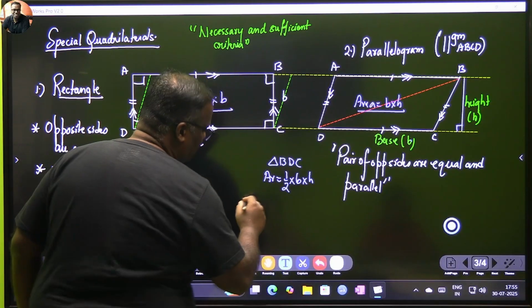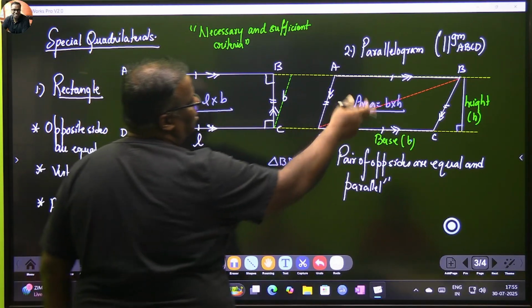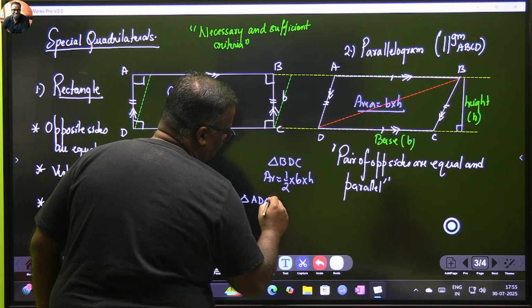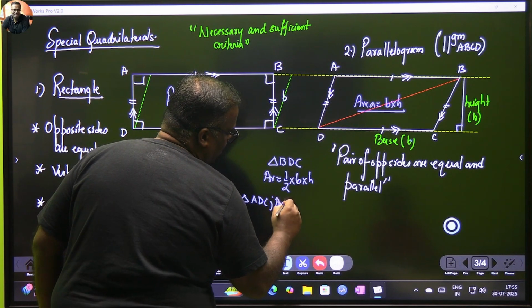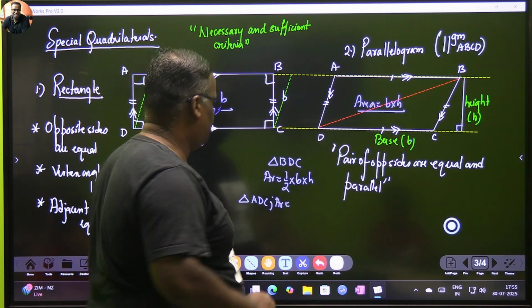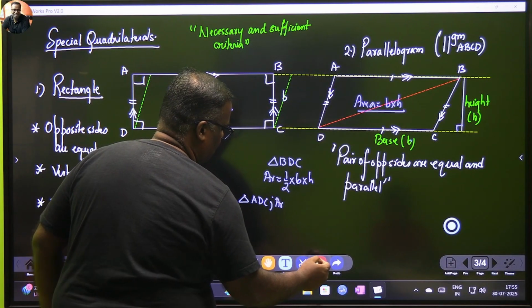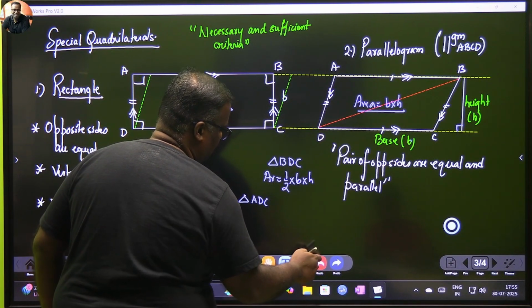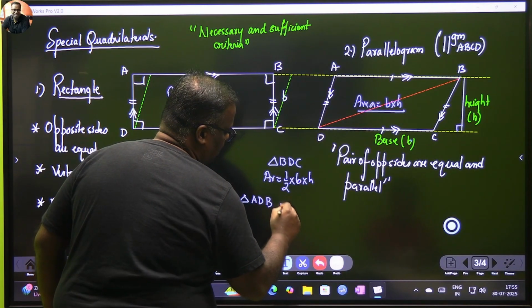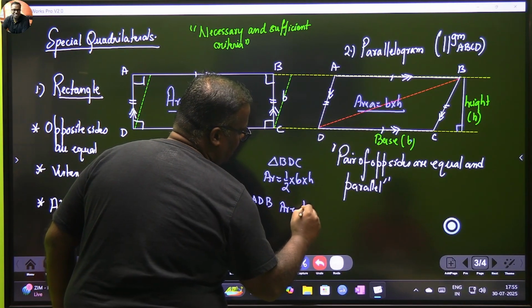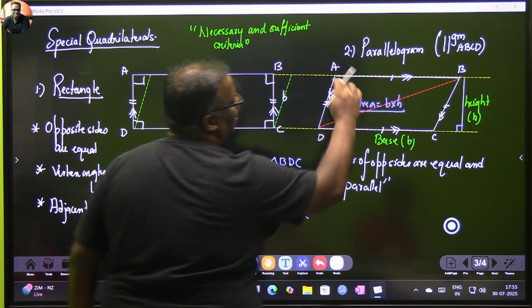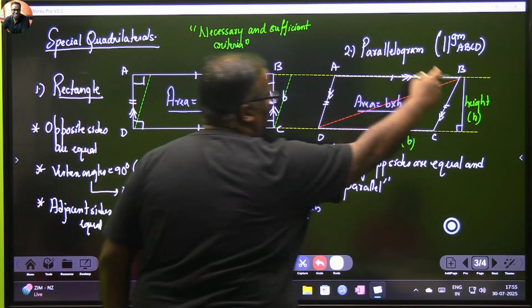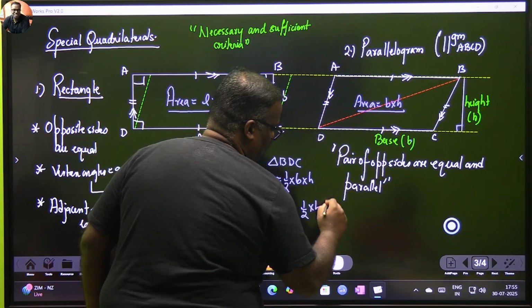If I look at the triangle ADB, then what is my area equal to? Again, half times base, the same base, into the height, the same height. Agreed?